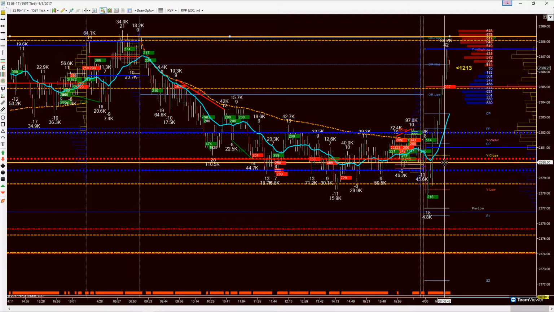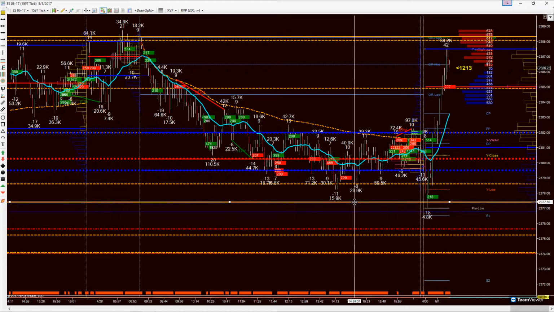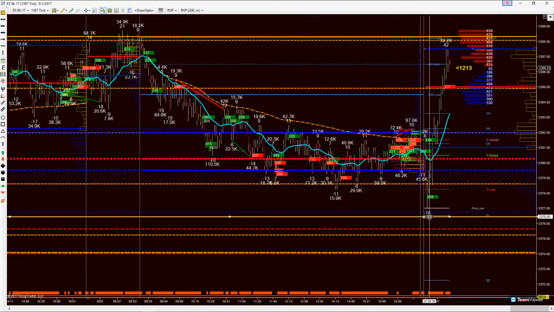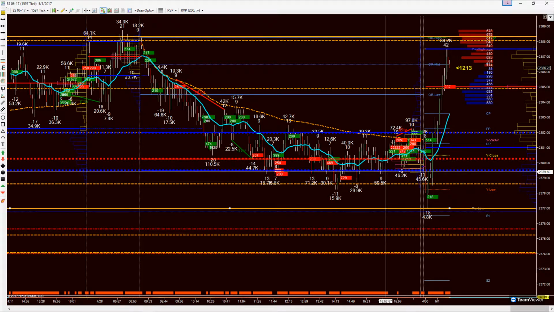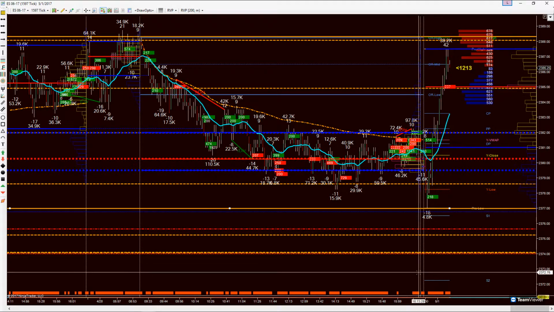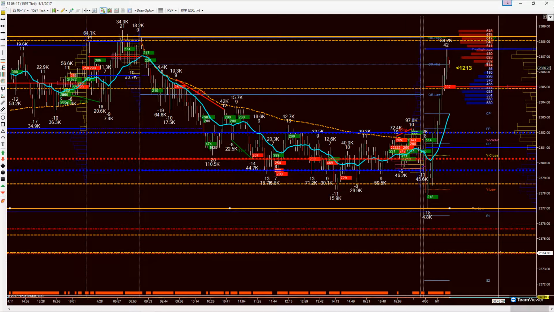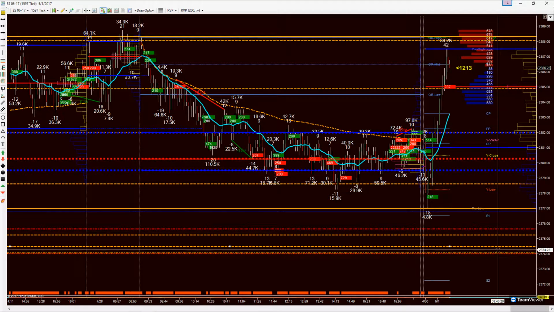Okay. So once again, I have my value area high, value area low from Friday plotted out. I have my overnight high, overnight low, and now I'm guessing, yeah, there it is.